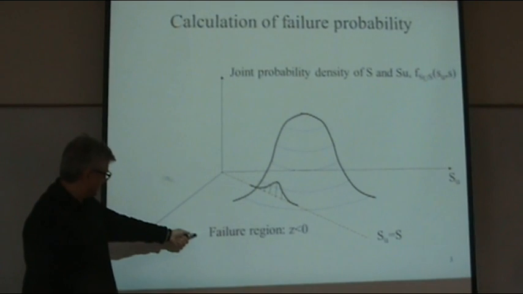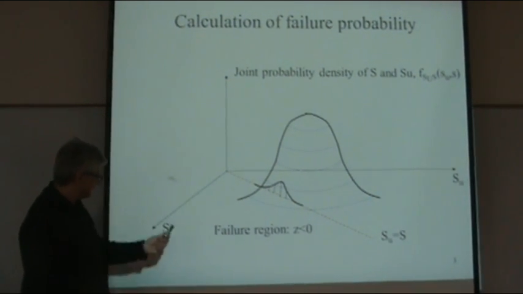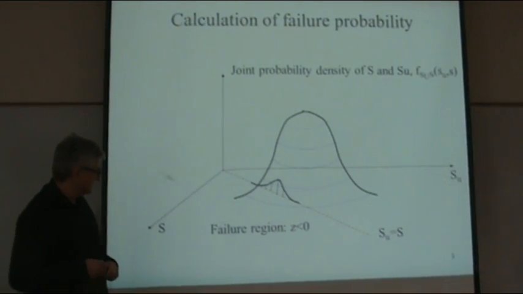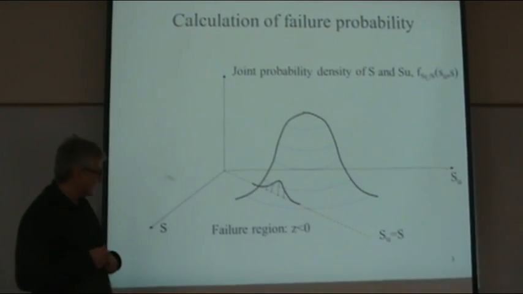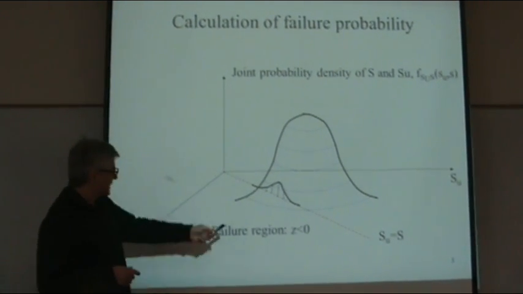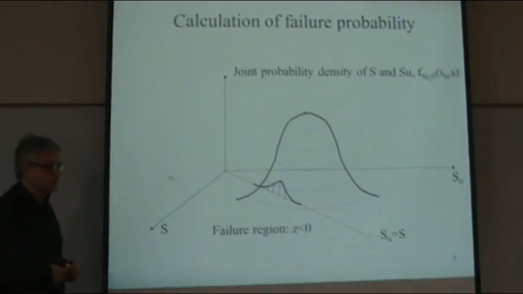This is the failure region, where the stress is higher than the strength, okay? So the strength is not enough and the system fails. This is the failure region. And the survival region is the other portion.